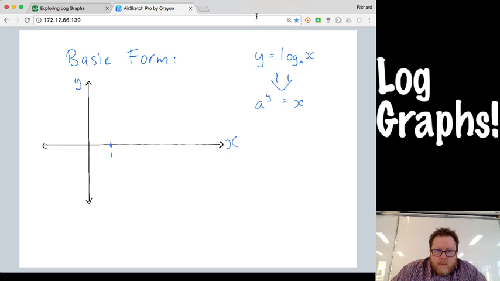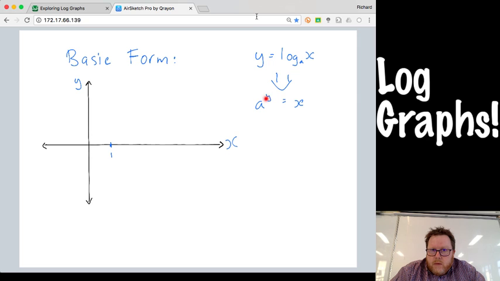Let's have a look at what happens when we take x on a bit of a journey to the right, so when x is positive and above 1. As x gets bigger and bigger and positive, going along here, what's happening to the y value?